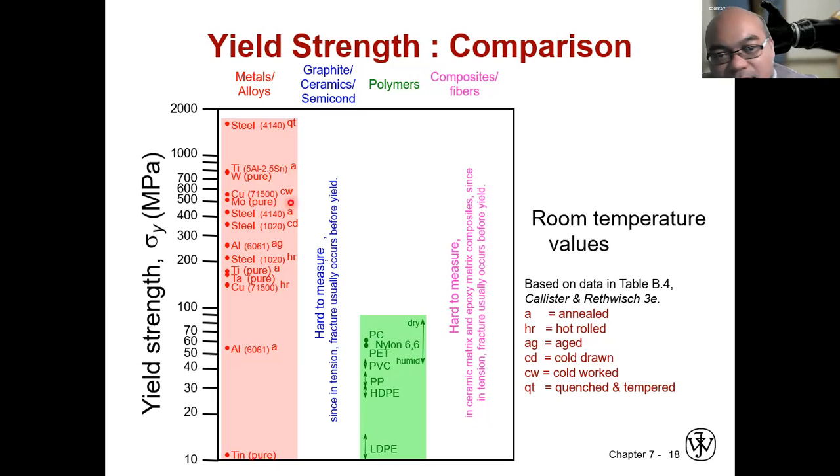So here you see the data. There is this, what do you call it? Superscript, a letter that indicates the process of how they are being made. So for example, even for steel, when the steel is annealed compared to cold drawn, then the annealed steel will have higher yield strength.